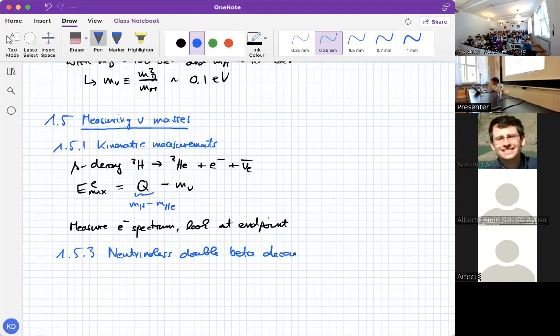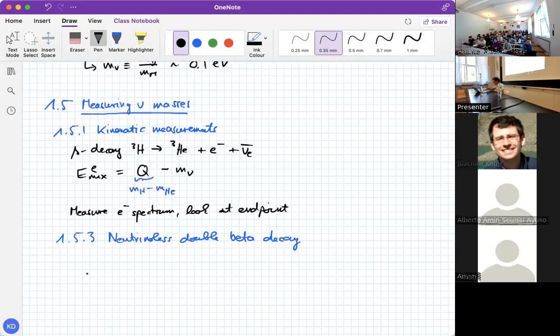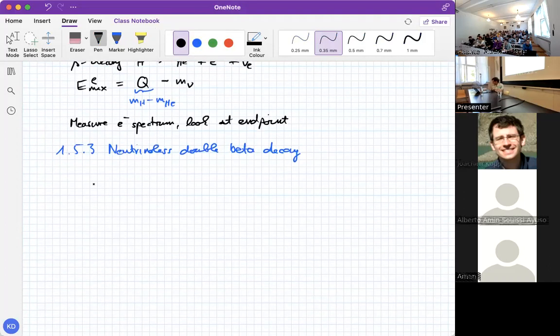So before we talk about neutrinoless double beta decay, we have to talk about ordinary double beta decay. The idea behind double beta decay is the following. Let's look at nuclei with the same mass number, but different Z, and let's look at the masses of those nuclei.